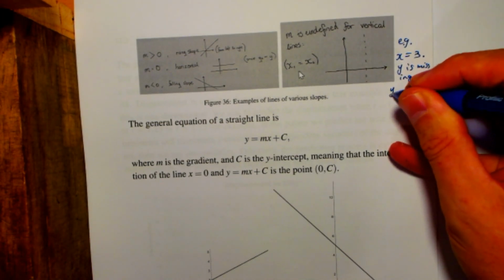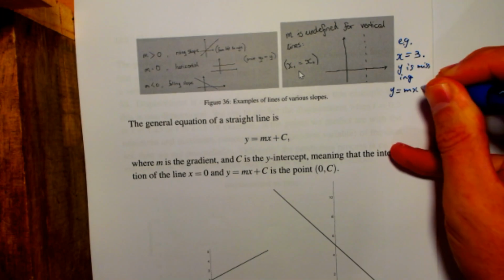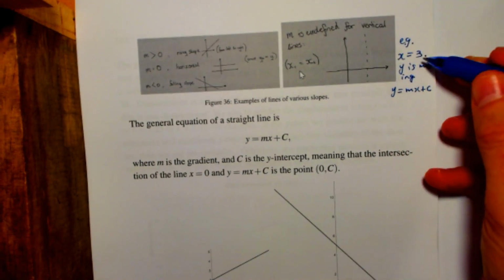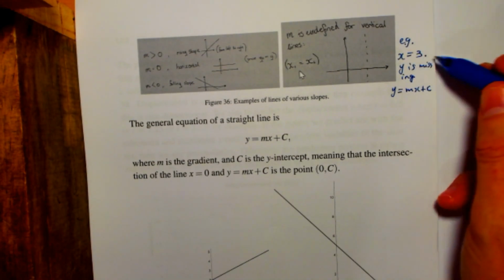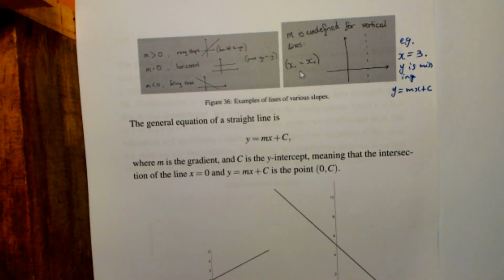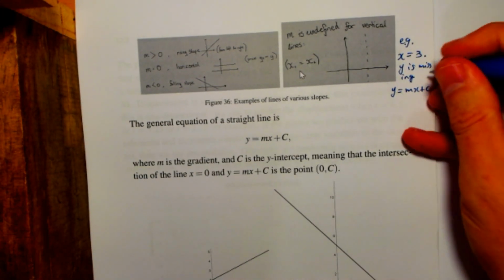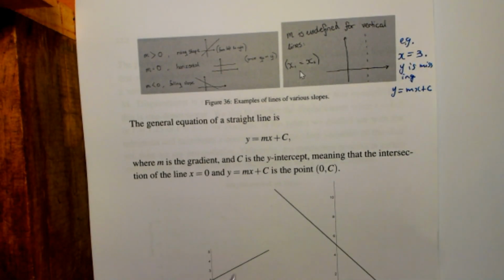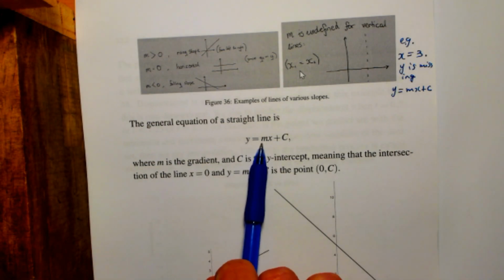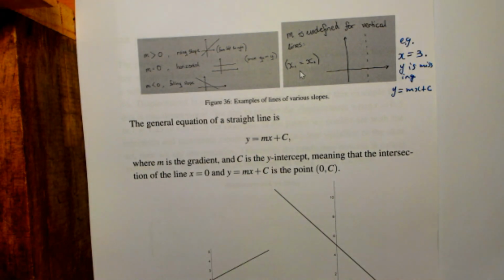Because remember, we have y equals mx plus c, but here we have got x equals 3. So y is actually missing in that. That is telling you that the line is vertical. Okay, so the general equation of a straight line is y equals mx plus c.